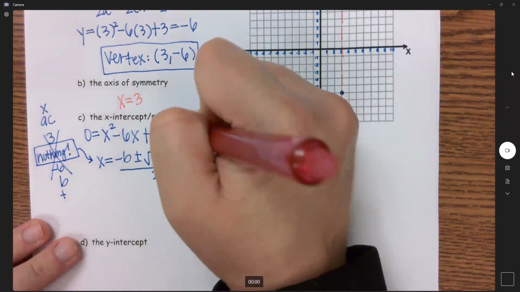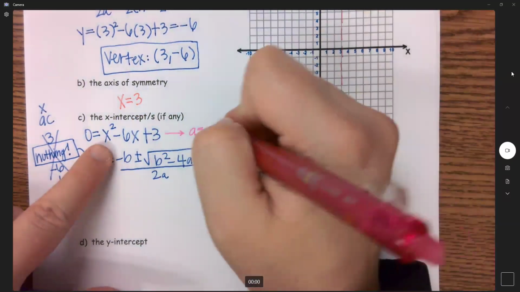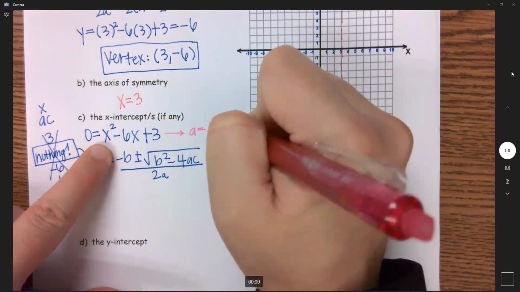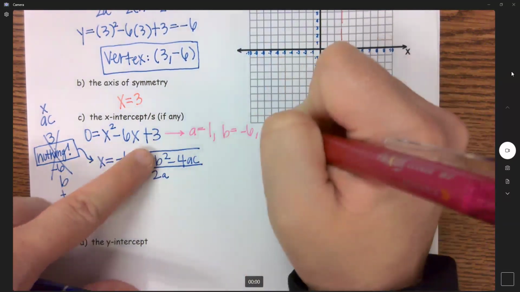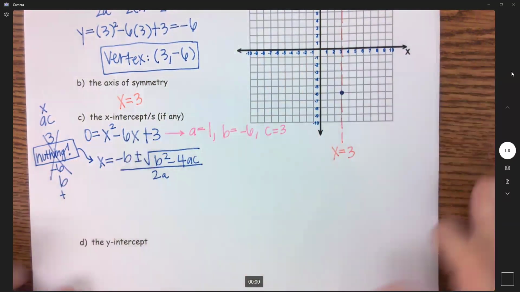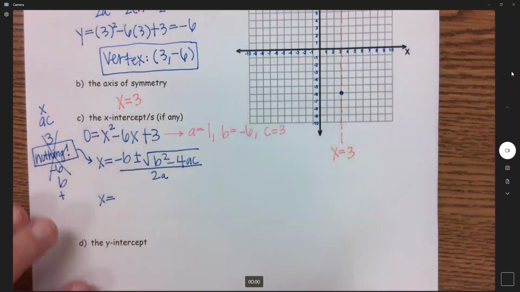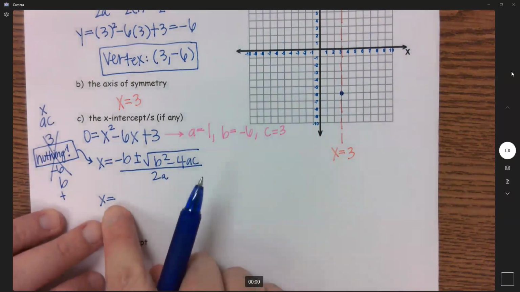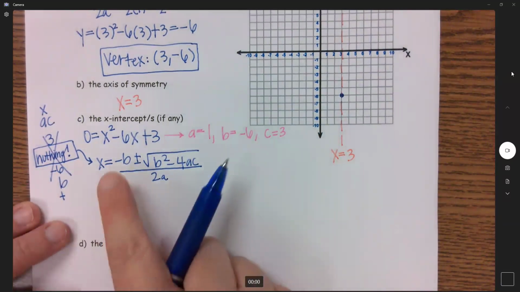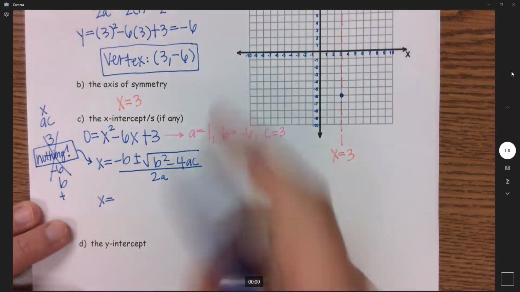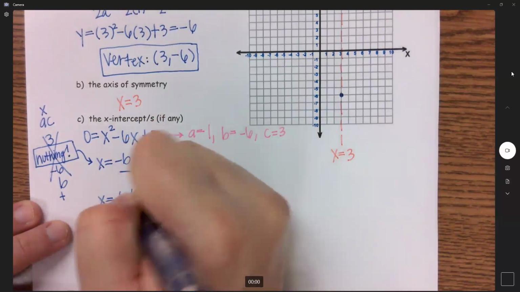Let's write our a, b, and c. So my a equals 1. My b equals -6. And my c is 3. So substitute those all in. We have -b, again, minus a negative becomes +6.